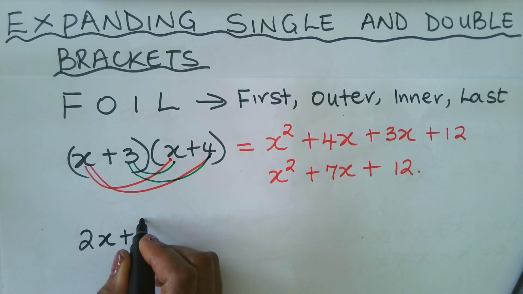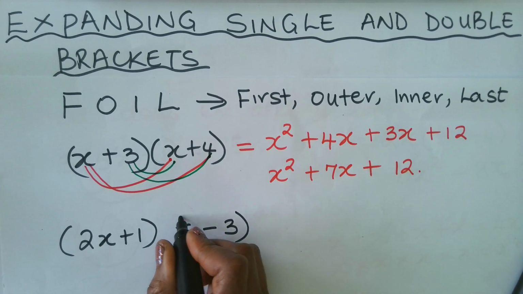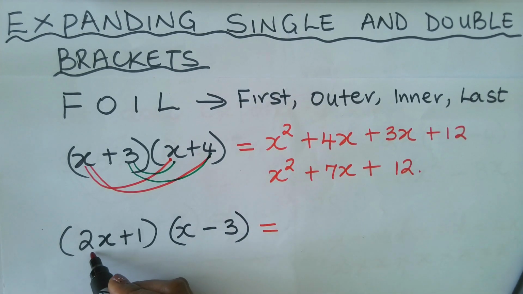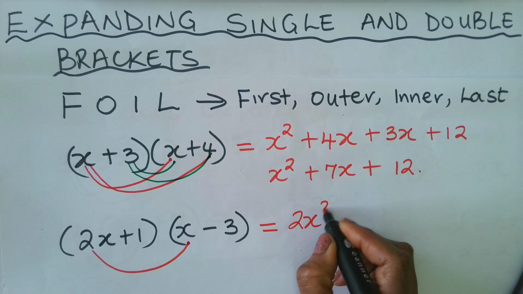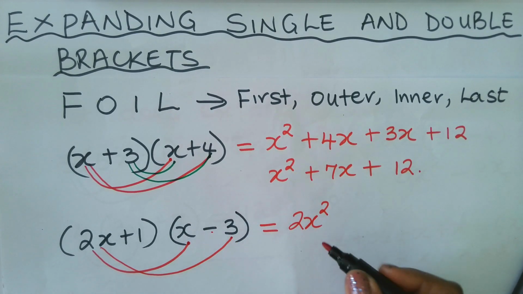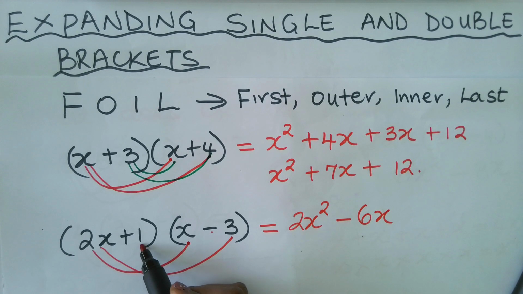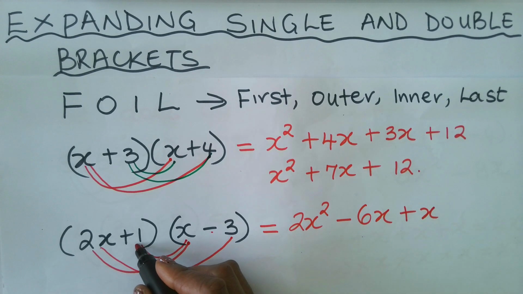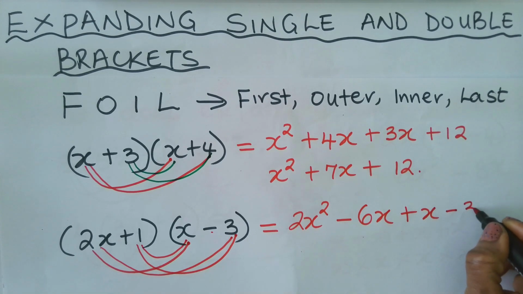2x plus 1, x minus 3. 2x times x is 2x squared. 2x times minus 3 is minus 6x. 1 times x is plus x, 1 times 3 is minus 3.